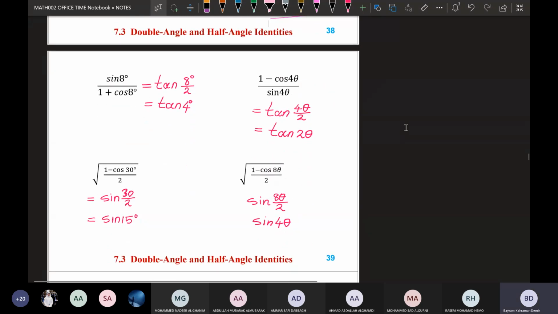All right, let's remember some tangent formulas. You see, we have tangent theta, sine theta divided by 1 plus cosine theta, right? This one is easy to remember for tangent of theta over 2. You know, tangent of half angle. So half of 8 is 4, of course.